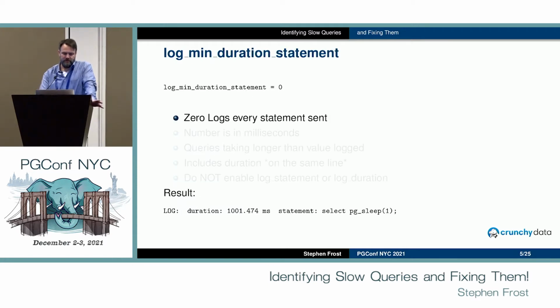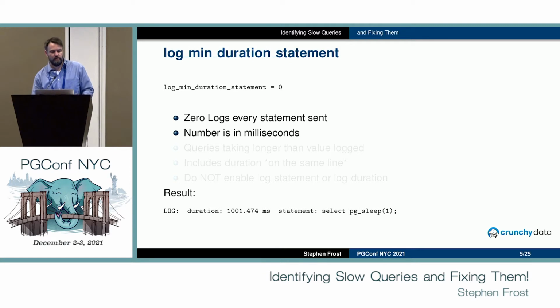So log_min_duration_statement is pretty straightforward. You set it to a number. Right here, I'm setting it to 0, which will log every single statement that's sent to the database server. The number you configure here is in milliseconds, and any query that takes longer than this amount of time will be logged.